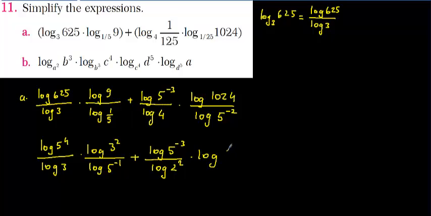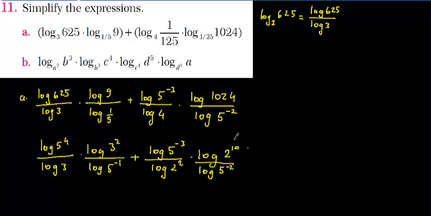If you remember, we said 2 to the power of 10 is equal to 1024, over logarithm base 10 of 5 to the power of minus 2.